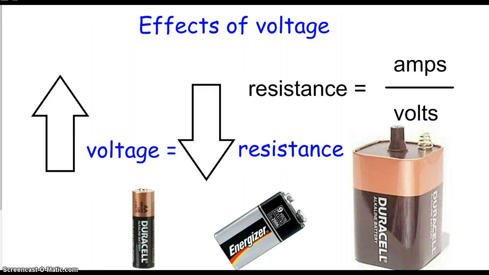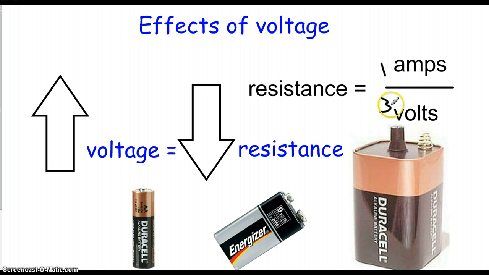So what does voltage do? Well, if voltage increases, resistance decreases. Okay, and that makes sense because if we increase this number, say the number up here is 1 for amps. We'll just make it simple. And say the number down here is 3 volts.